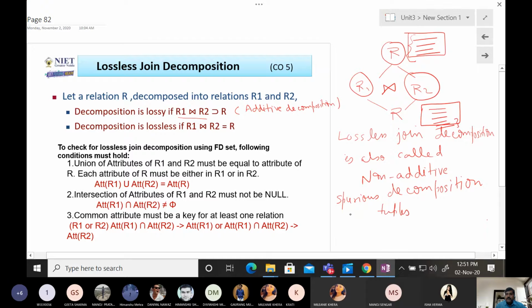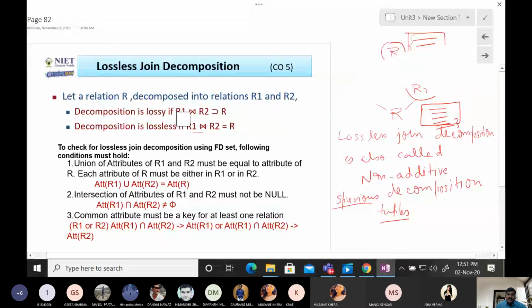Please note it down. Extra tuples are called spurious tuples. So after decomposition, if we perform join operations, then we will get exact R, neither fewer tuples nor extra tuples. Did you get it? Yes, sir.